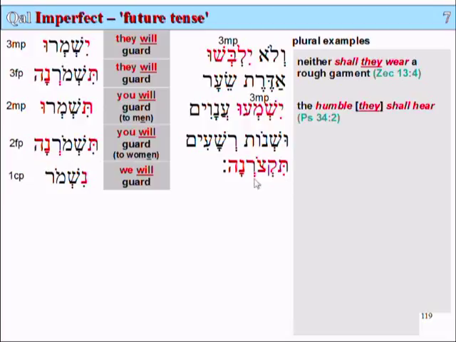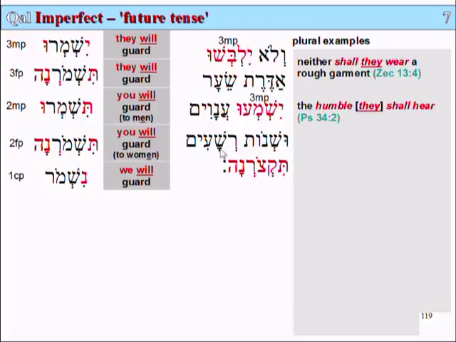Tikzorna. The root here is this three-letter root, katsa, which means to cut, as in cutting down the wheat in the harvest, the barley, or the tears. So tikzorna means you will cut.